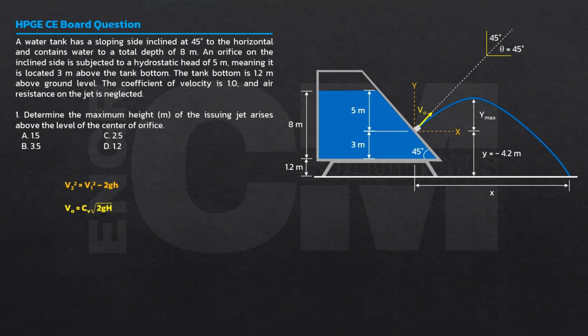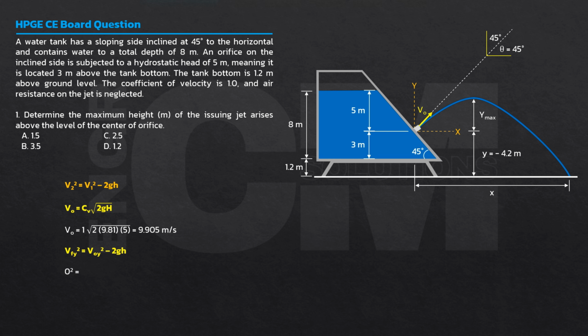VO will be solved using the orifice formula. The initial velocity of flow, with our CV of 1, is CV times the square root of 2g times the hydrostatic head, from here to here, that's 5. This is our initial velocity. Again, from the dynamics formula, final velocity squared equals initial velocity y squared minus 2gh. Our h is y max.